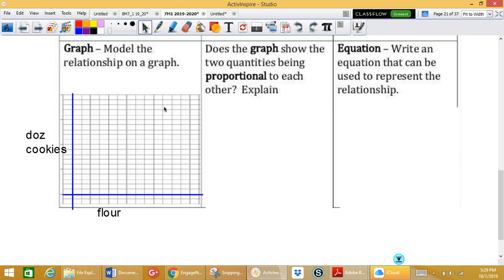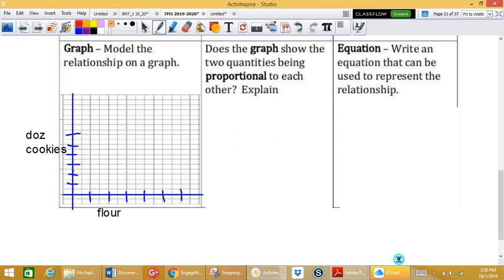Model the relationship on a graph. So let's do 1, 2, 3, 4, 5, 6, 7, 8, 9, 10, 11, 12.